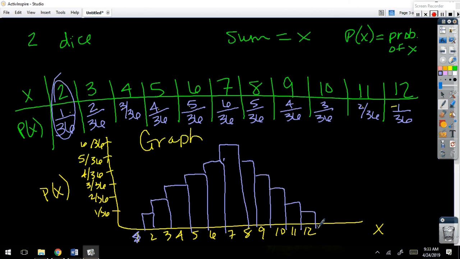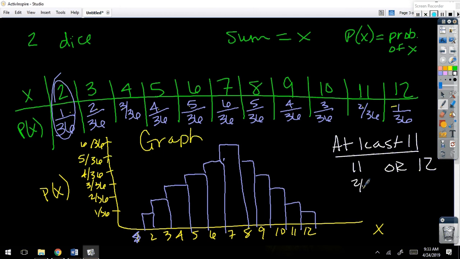At least 11 means 11 or 12, and we know that or means you add. So it would be 2 out of 36. And this is why I left them unsimplified, because it's a little easier to work with as you start to do things.